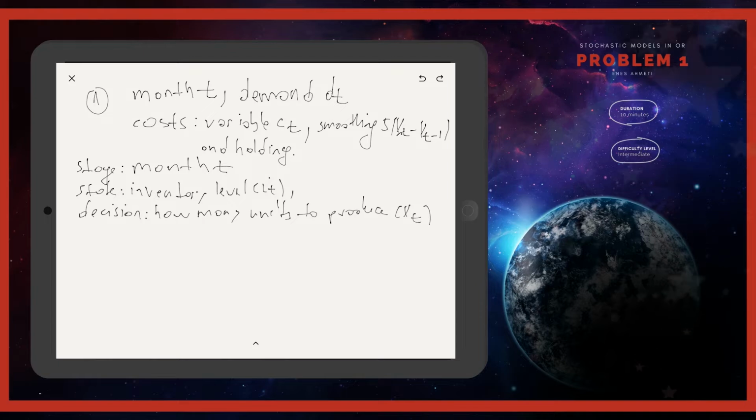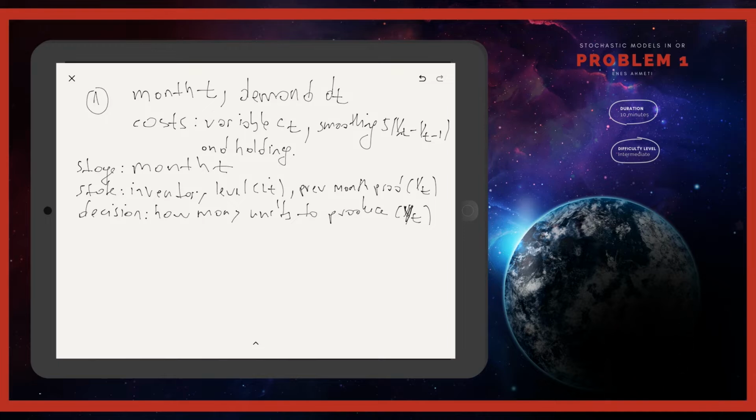So for that reason, I need to carry that information within my state. I'm going to say the previous month's production, and we can call this XT minus 1, as we have in the question already. And in this case here, we will change this to YT.